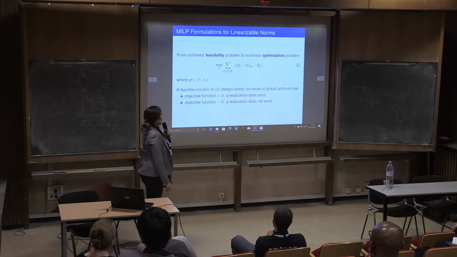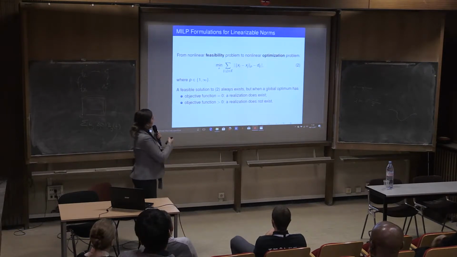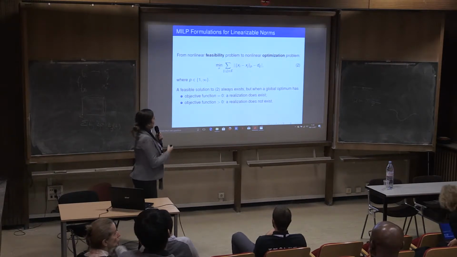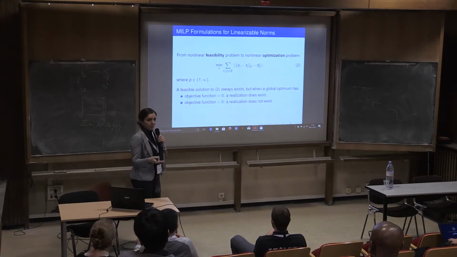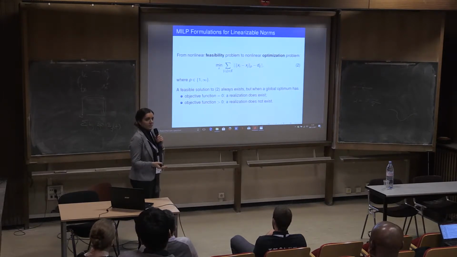There is a mapping between the feasibility problem and the nonlinear optimization problem: when we solve problem 2 to global optimality and find a global optimum with objective function value 0, then a realization for the DGP exists. If the objective function value of the global optimum is greater than 0, then the realization doesn't exist. Okay?